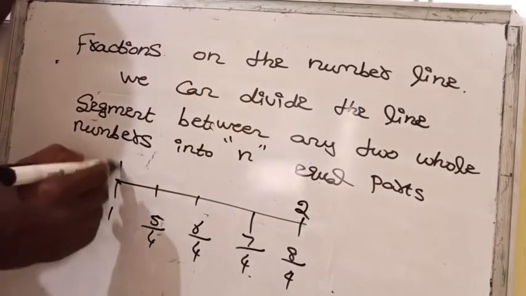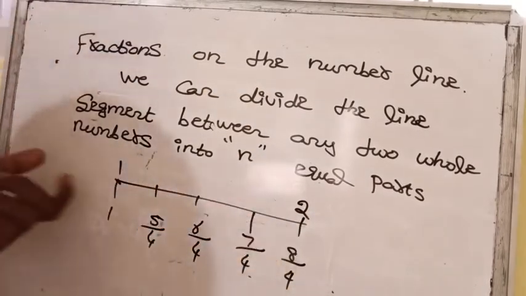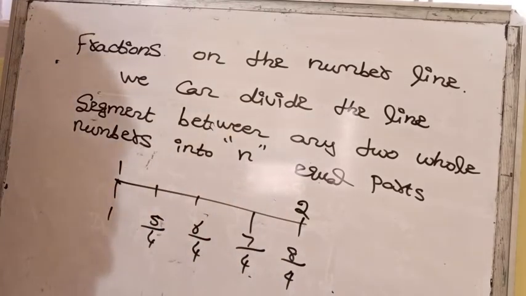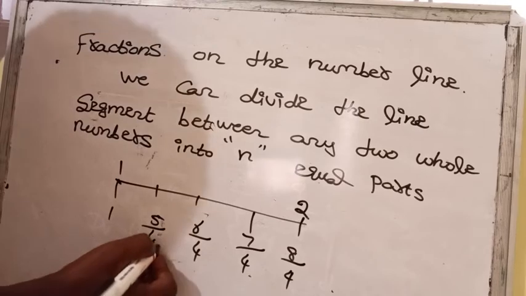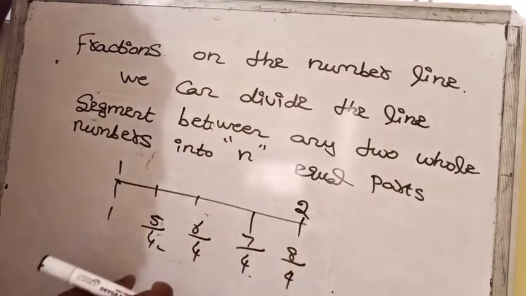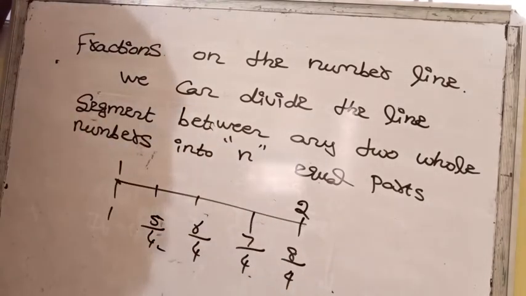So we can divide the line segment between 1 and 2 into 4 equal parts. Here 4 is the denominator. So we are dividing this line segment into 4 equal parts. Am I right here? Yes.